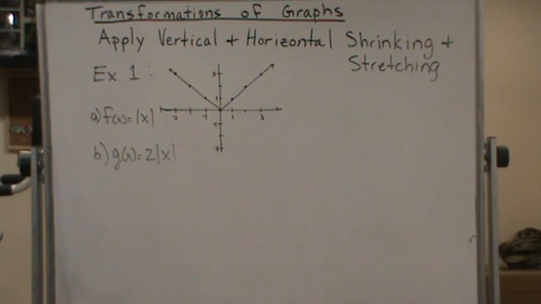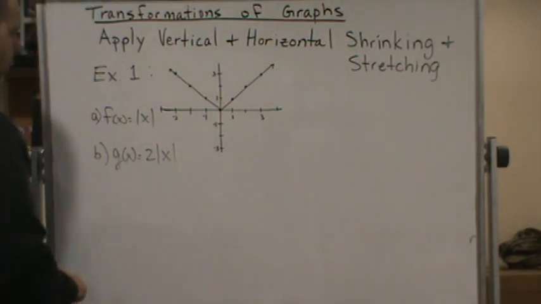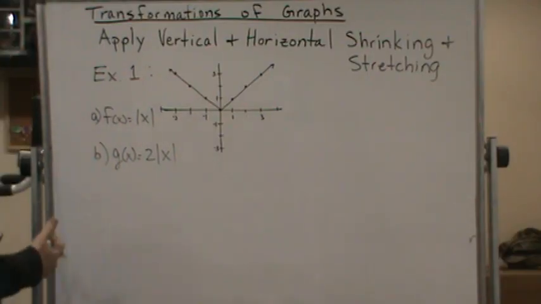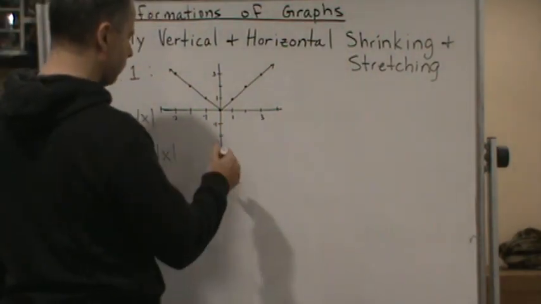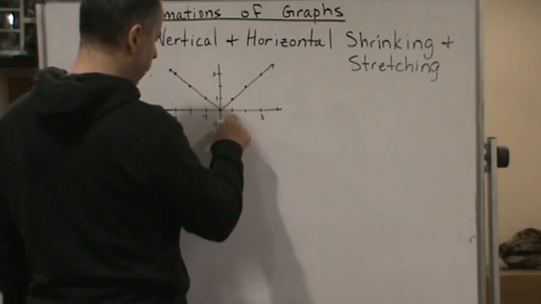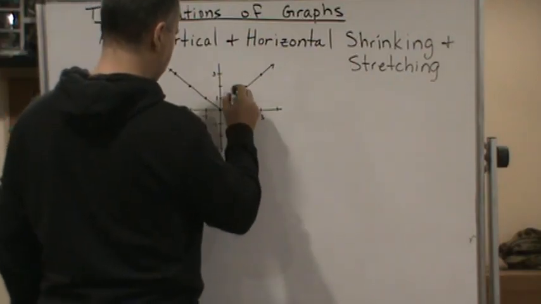So now, in this case, I'm multiplying f of x by 2. What that means is all of the y values will be multiplied by a factor of 2. Okay, so that means 0 times 2 is still 0. 1 times 2 is 2, so that's going to go up to 2.